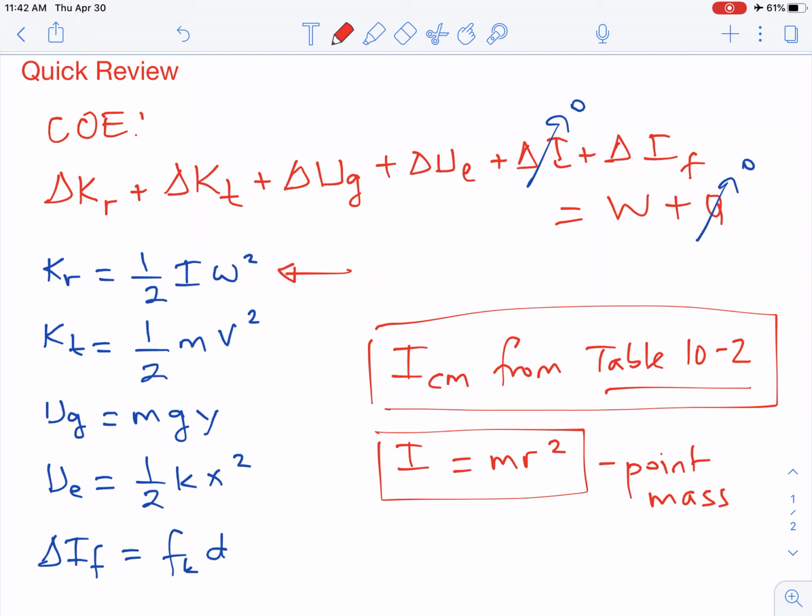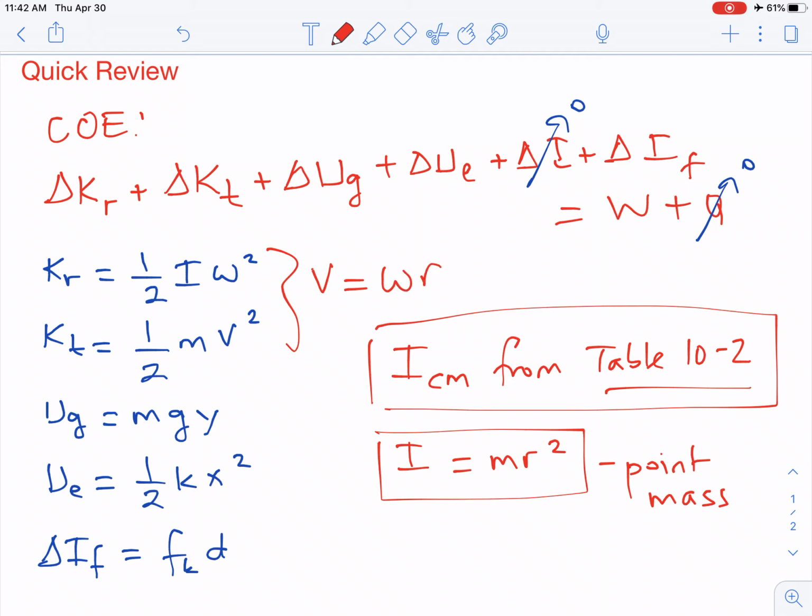Another key thing: when you apply conservation of energy in the combined motion, you will probably have both of these two terms, and it may look like you have two unknowns because there are two different velocities. But most of the time, what you need to use is the v equals omega r equation.